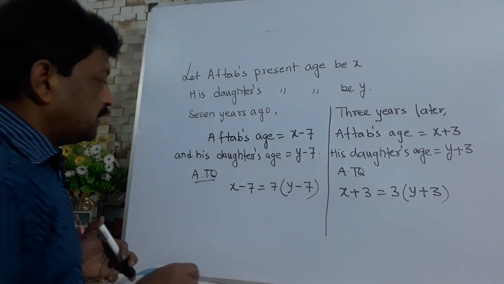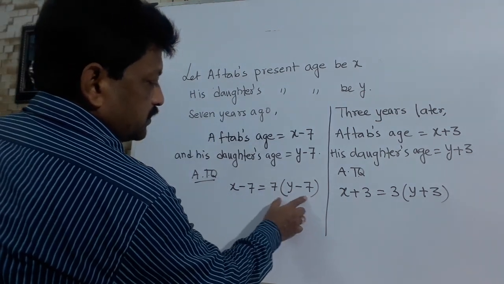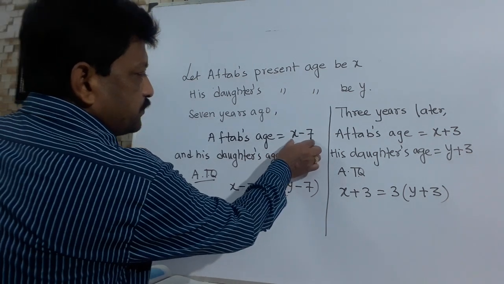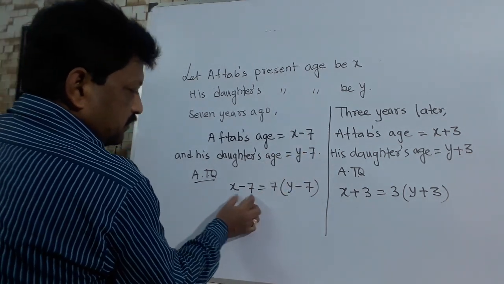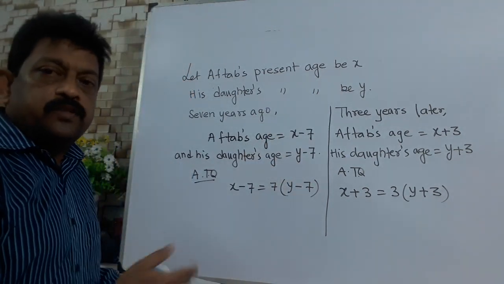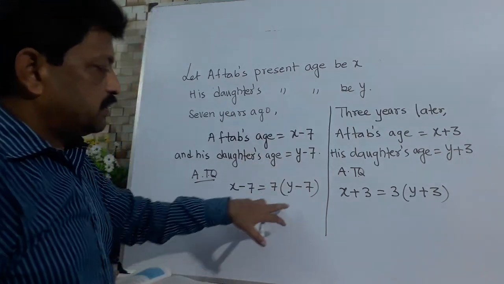Now according to the condition, Aftab's age equals 7 times his daughter's age 7 years ago. So since 7 years ago Aftab's age was X minus 7, that equals 7 times Y minus 7. This is the first condition.